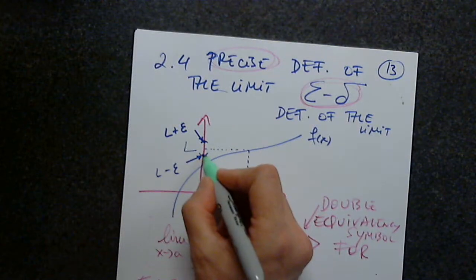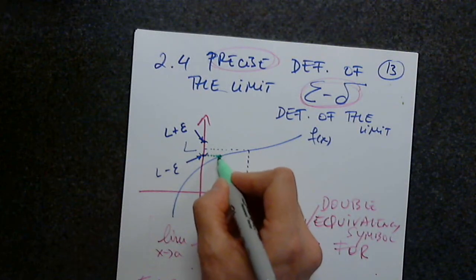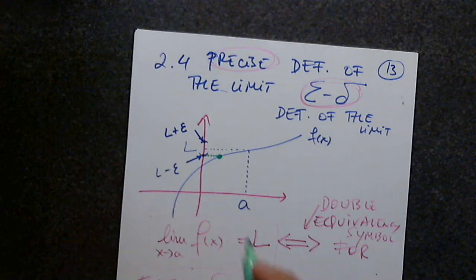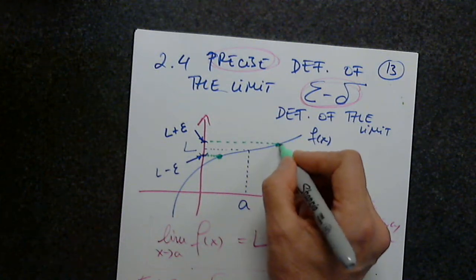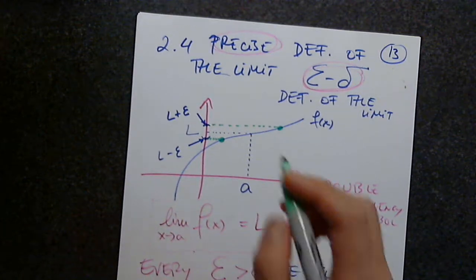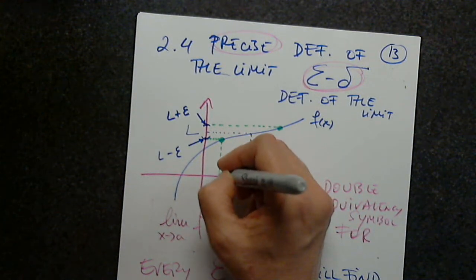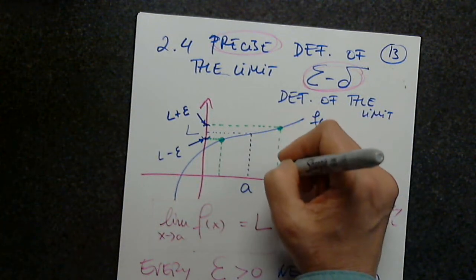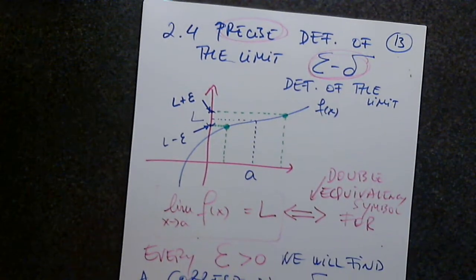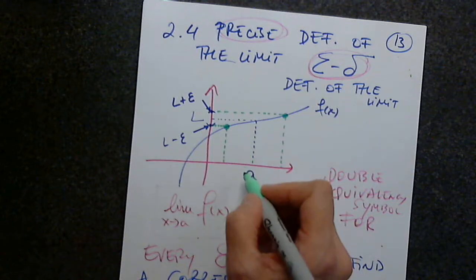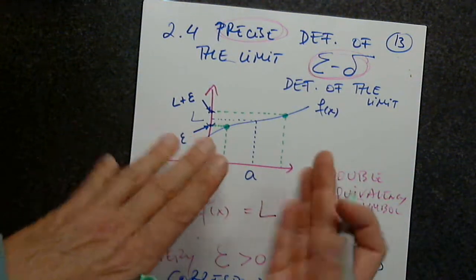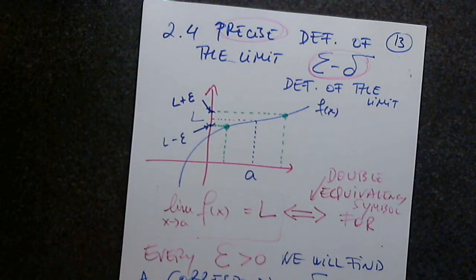At this point, I draw a horizontal line. It meets the function here. At this point, I draw a horizontal line. It meets the function here. And now I go vertically. I must choose. For some reason, they kind of got the same measure.